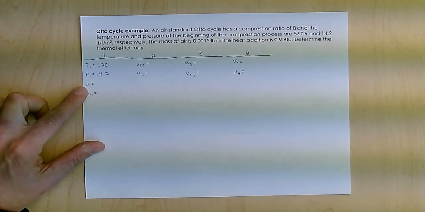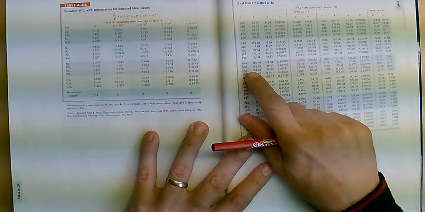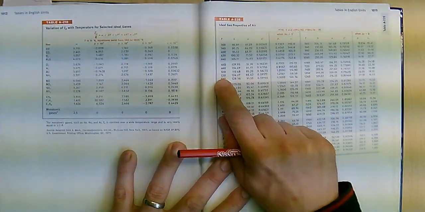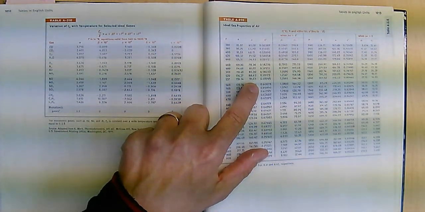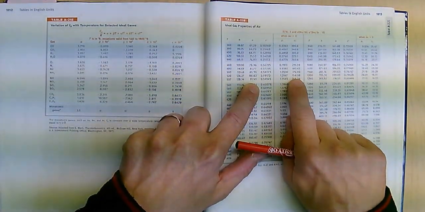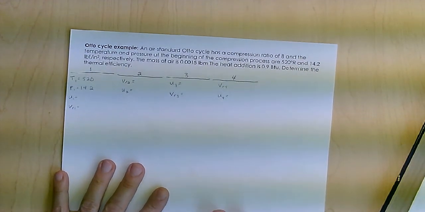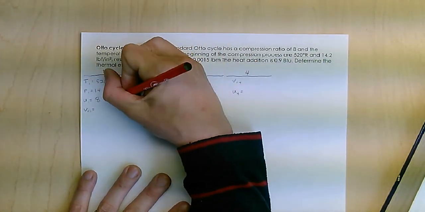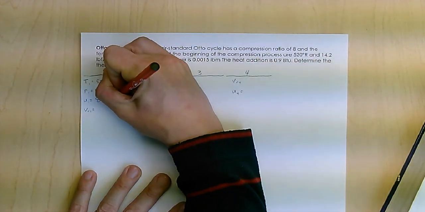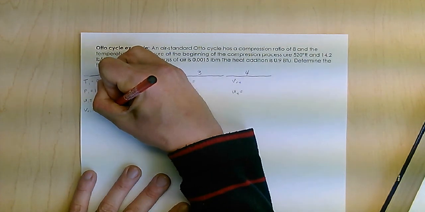So again, for U1, I go to 520 degrees for air, which is right here. I can find that my U1 is 88.62, and my VR1 is 158.58.